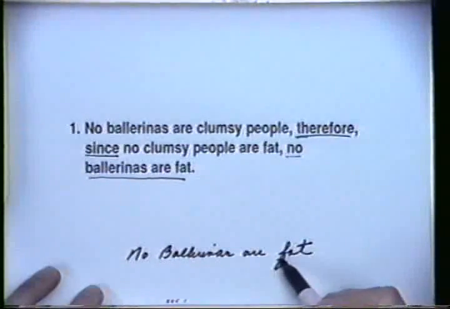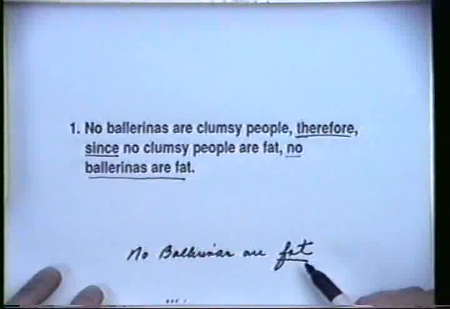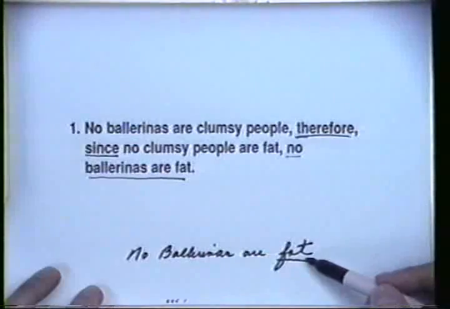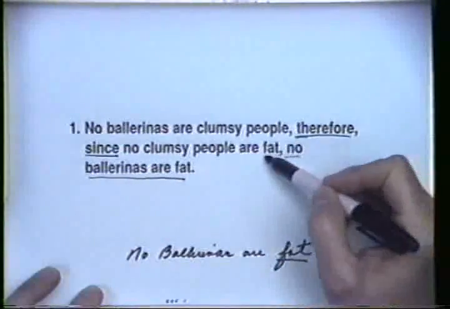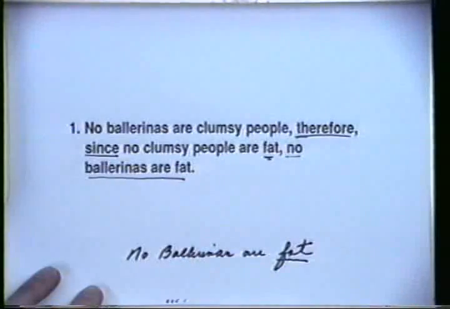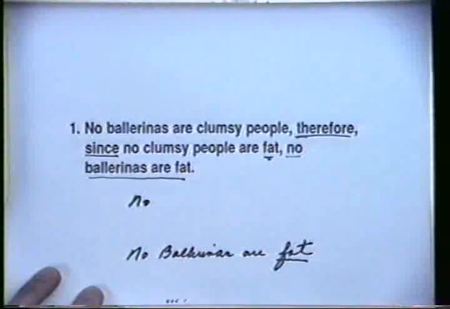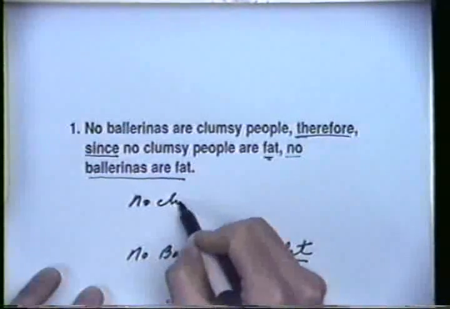The major term, remember, is always the predicate term, not the subject term, but the predicate term of the conclusion. Now we go back into the argument and identify the premise which contains fat. Right, here it is. And so no clumsy people are fat is the first premise of this syllogism.